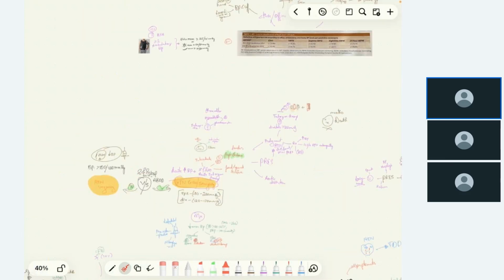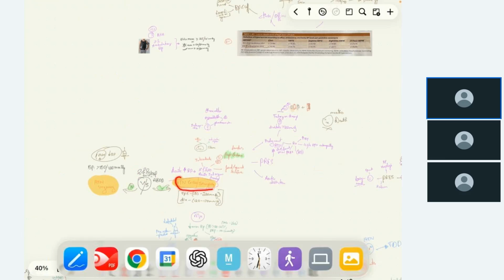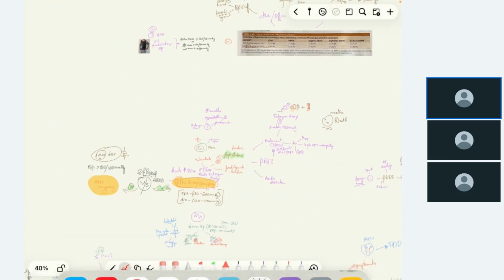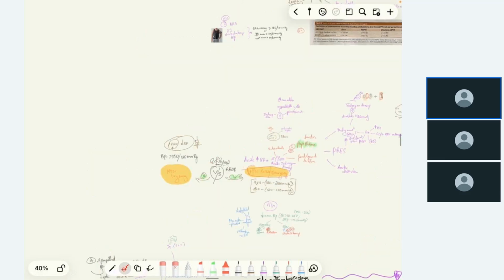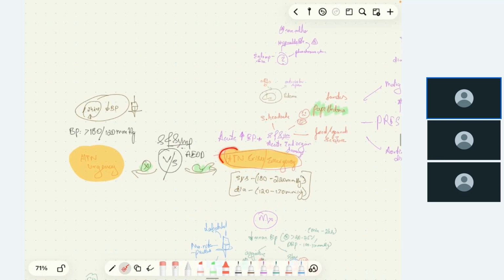This is all about hypertensive crisis or emergency, where we discussed the definition of hypertensive crisis or emergency, the causes of it, the subset of it, where we discussed briefly about malignant hypertension or accelerated hypertension. Now here we saw in hypertensive crisis or emergency, there are manifestations of signs and symptoms of acute end organ damage.